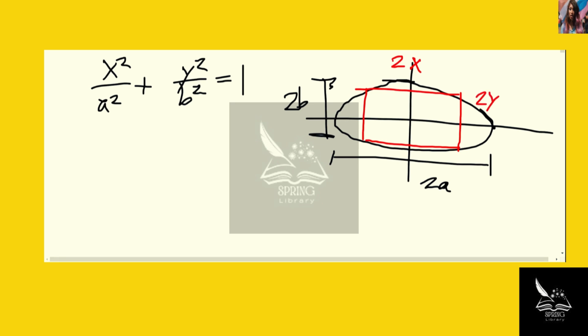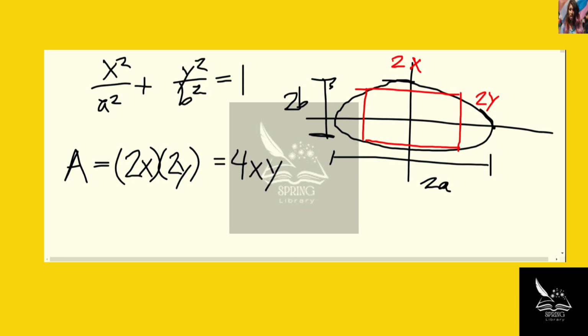So the area in general of the rectangle is 2x times 2y, which is 4xy, where both x and y are positive.